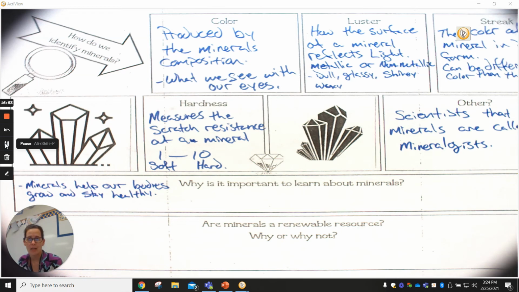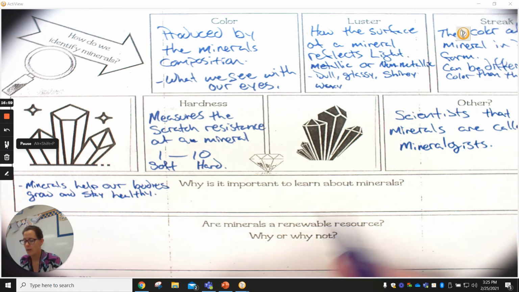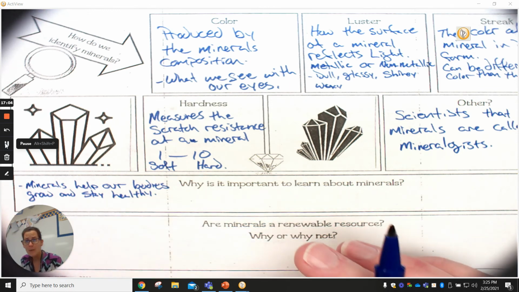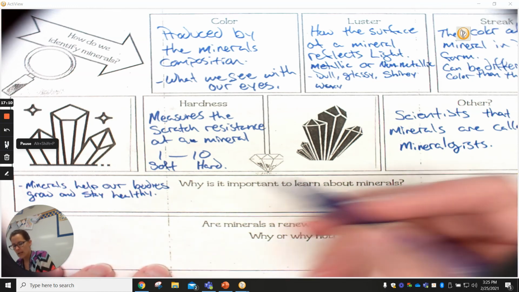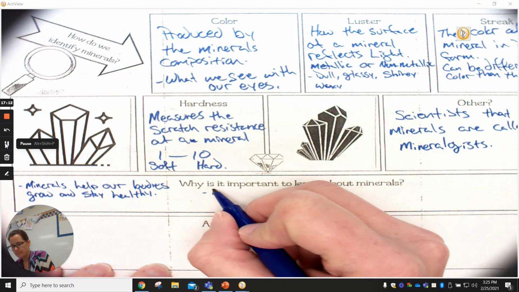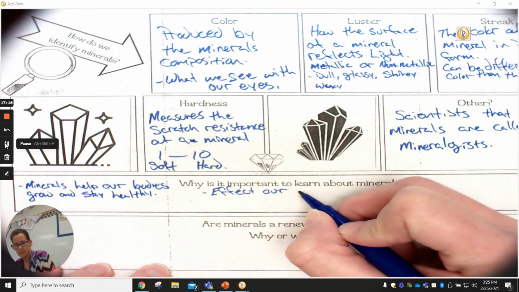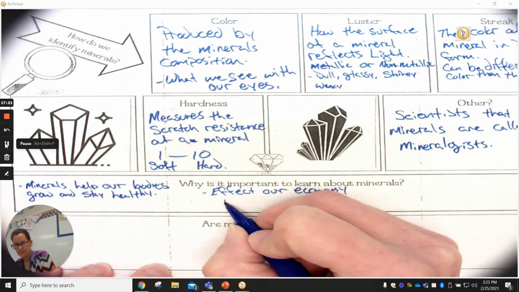The rarest, that's right, the rarest ones. So diamonds, there's big money in diamonds. Those are really expensive because they're pretty rare. You might have heard of people wearing amethyst or topaz, rubies. All of these things are minerals. They're beautiful and there's a lot of money there. So they affect our economy by mining.